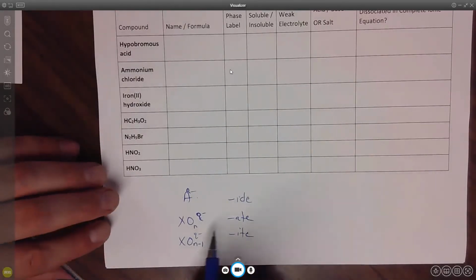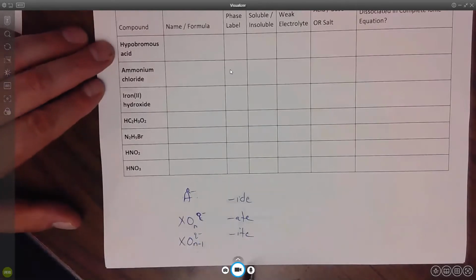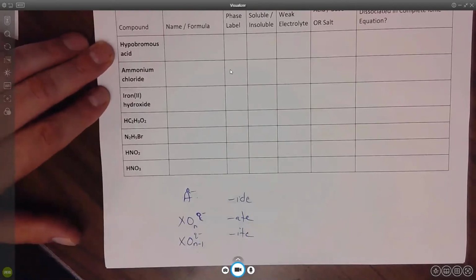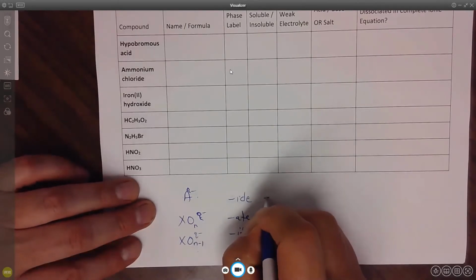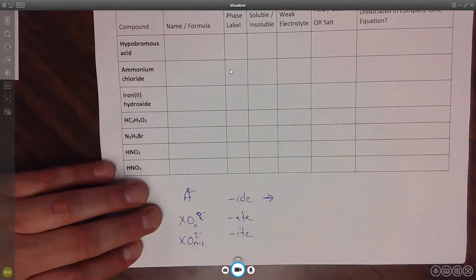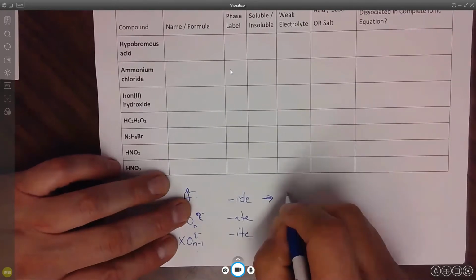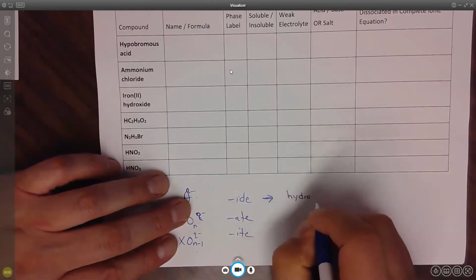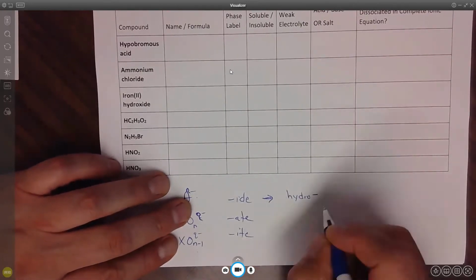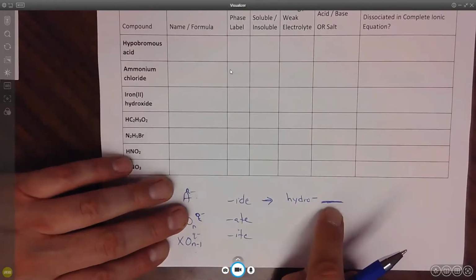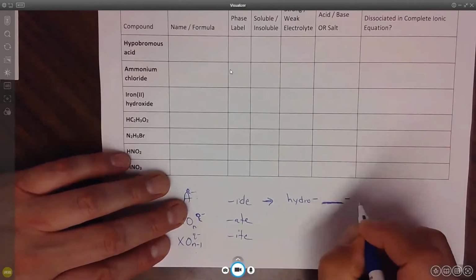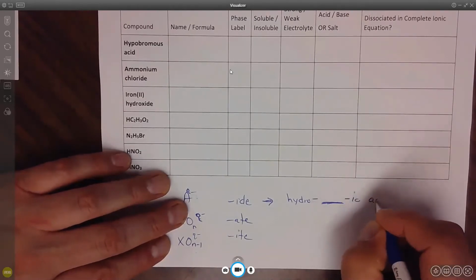So again, if I have this hypobromous acid, well, if it ended in IDE, we would have simply put hydro in front of it, used the stem name of whatever it is, ended it in IC and added the word acid.